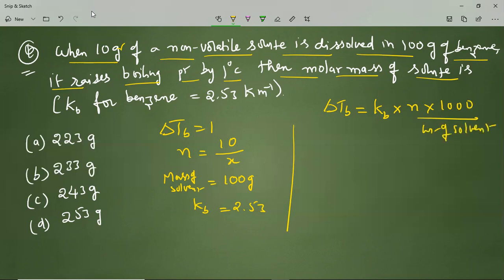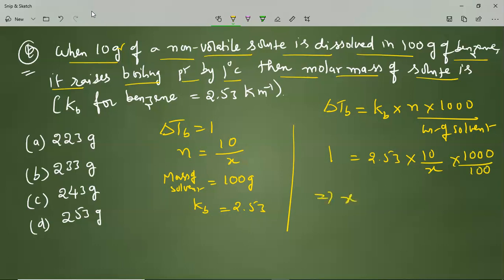So here you want this X value. If I substitute the values here, 1 is equal to the Kb value 2.53 into the N value 10 by X into 1000 by the weight of solvent 100.